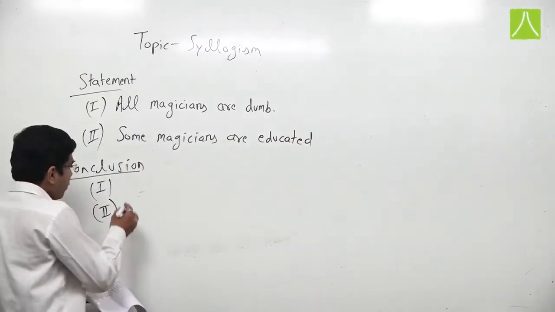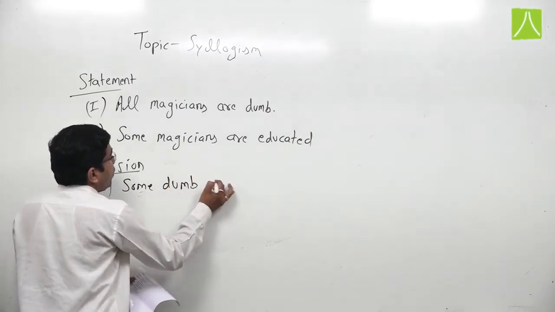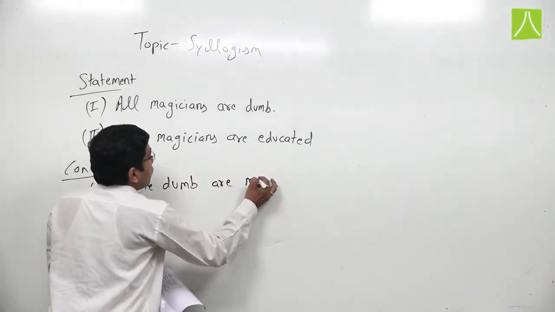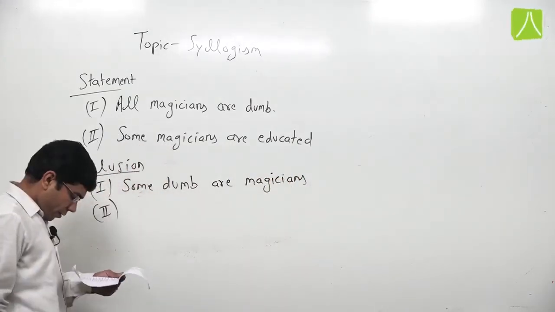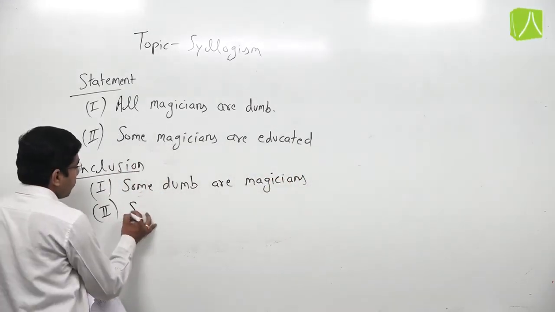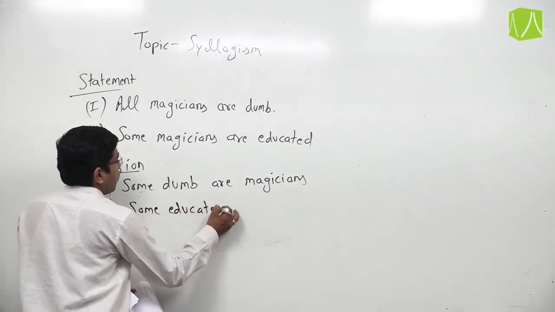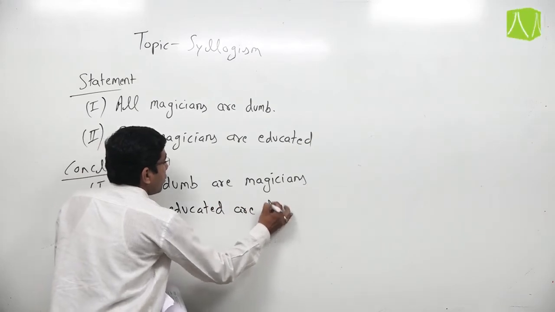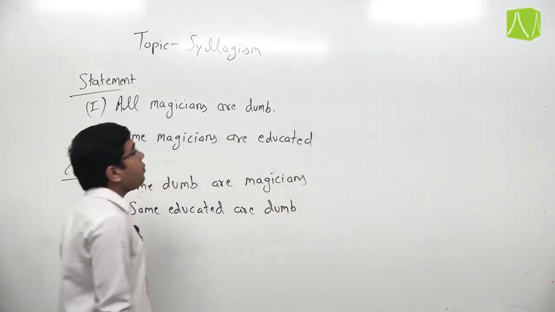Now first conclusion, some dumb are magicians and some educated are dumb.